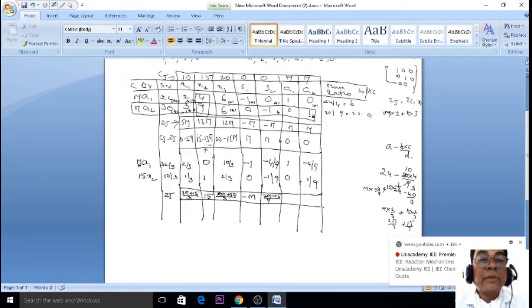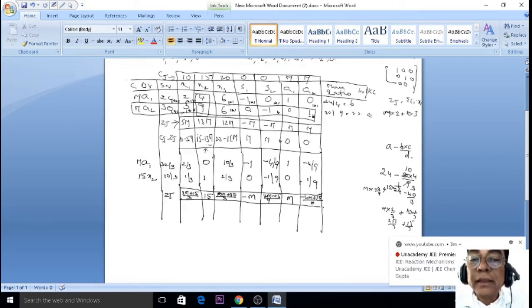Go to this: M into 1 plus 15 into 0, which is M. And the next one: M into 4 by 9 plus 15 into 1 by 9. This is a simple second class and third class problem, just concentrate here. It gives 4M plus 15 by 9.